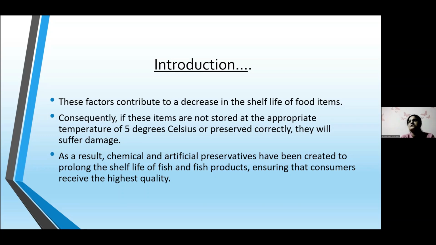That type of fish is also available in the market, but very few. And the deterioration of the fish is a problem because they need a temperature below 5 degrees Celsius, then it will be safe. Otherwise, when the temperature rises, their flesh will start to deteriorate.